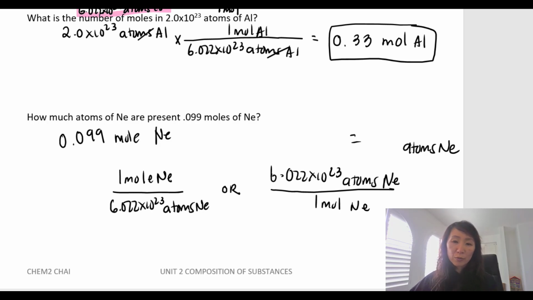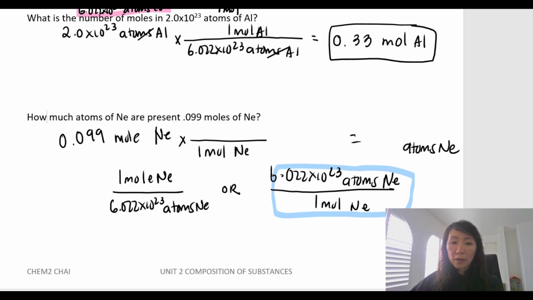Which one would you utilize? The second one. The reason we use the second one is so that we can cancel out the mole of neon in our calculation.